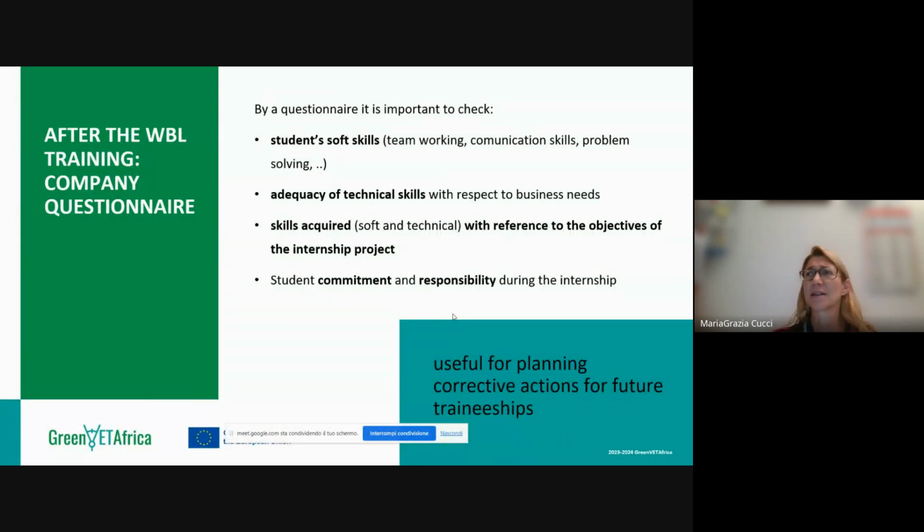This is a change that has to come inside the student, and then we go back to the questions that we gave to the student, checking his or her talents.